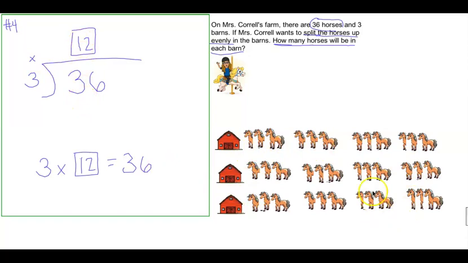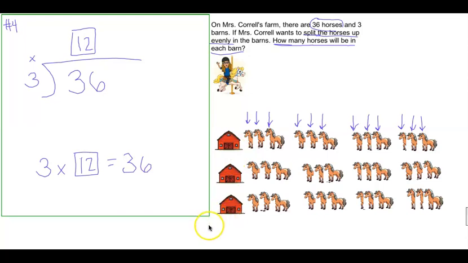And you can look over here, I took all 36 of our horses and I started putting them into the barns and I got a total of 1, 2, 3, 4, 5, 6, 7, 8, 9, 10, 11, 12 sets of horses in each barn. 12 horses in each barn.